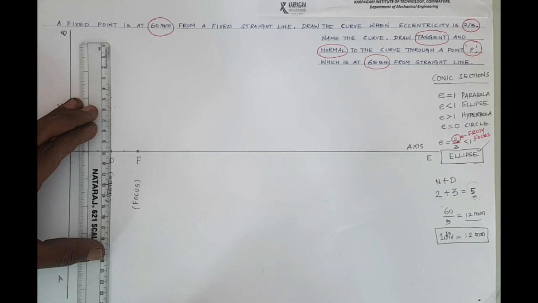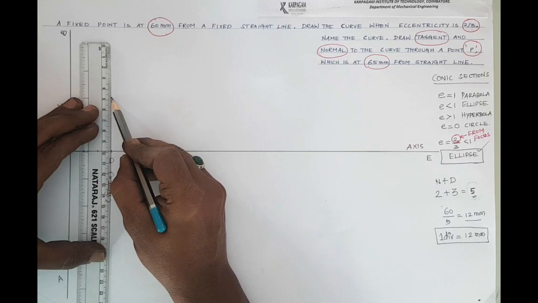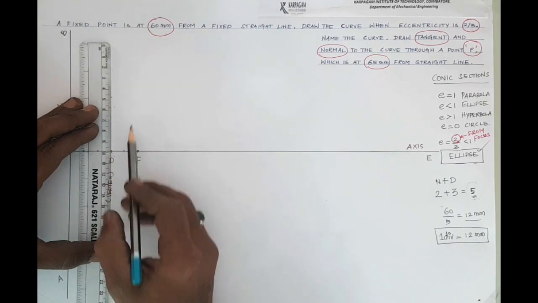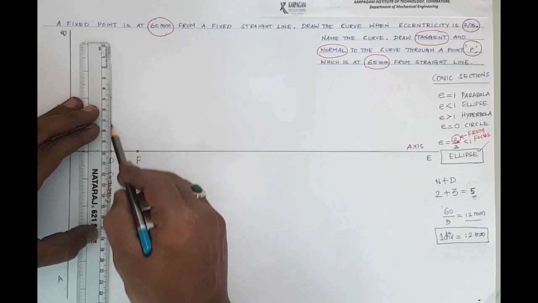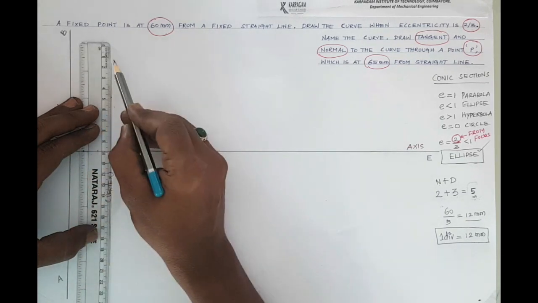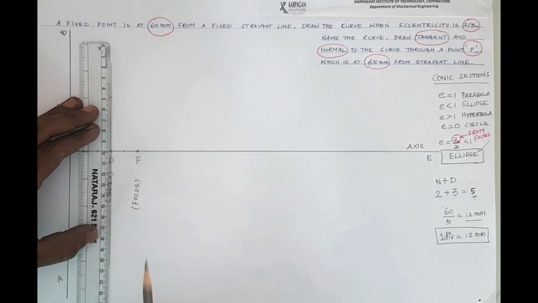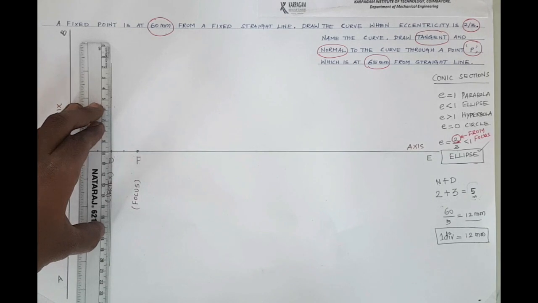So I'm just joining the 90-degree point I have marked here and point D using a vertical line. Extend the vertical line up to this distance like this. There are no dimensions for this vertical line. Simply extend the vertical line.